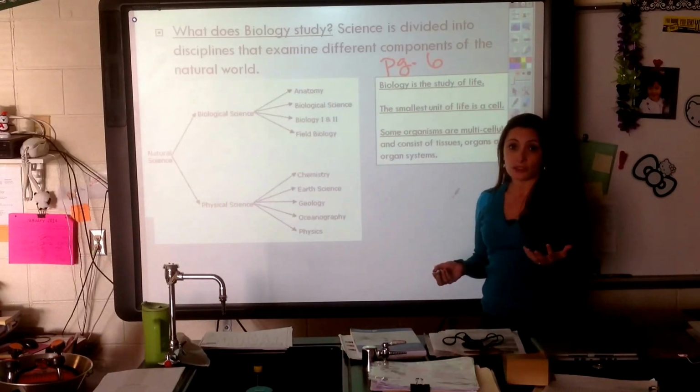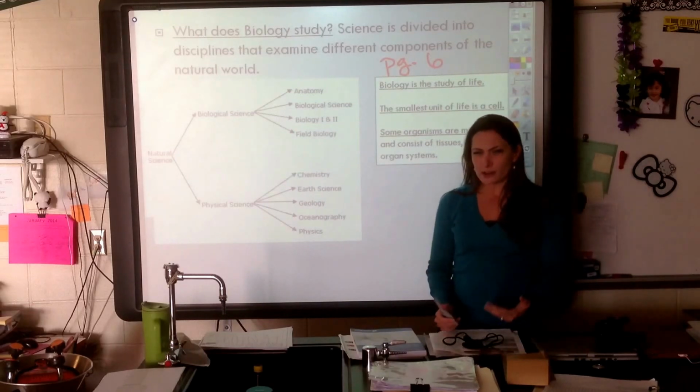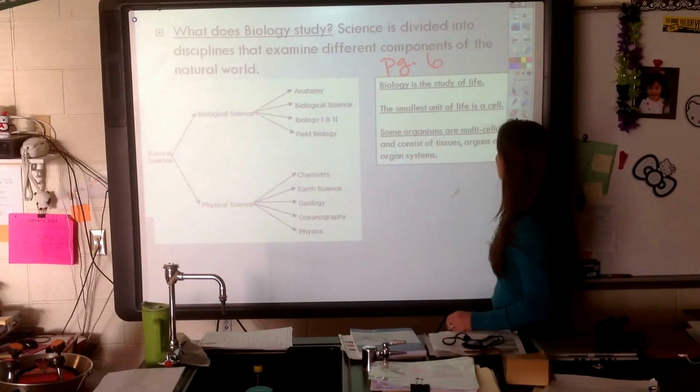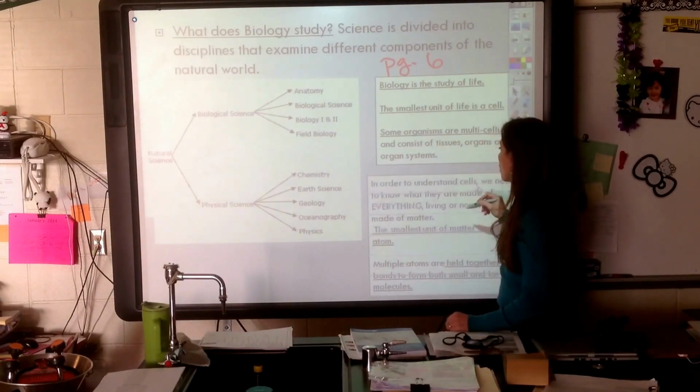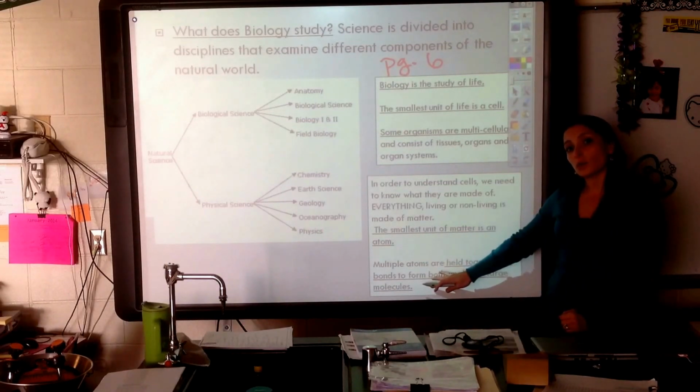You've seen pictures of cells before. But the interesting question is, what are cells made of? And it turns out that cells themselves are made of matter. They're made of molecules.